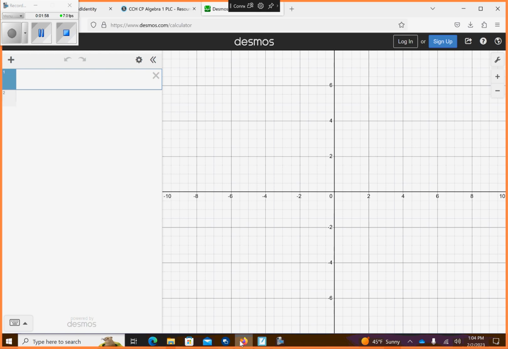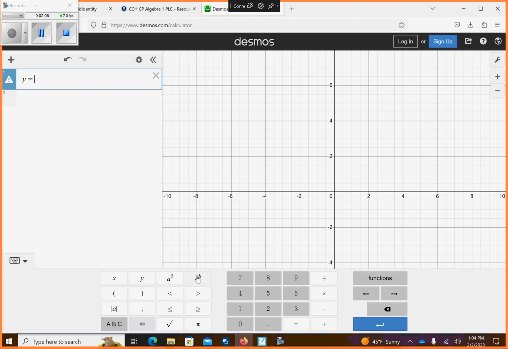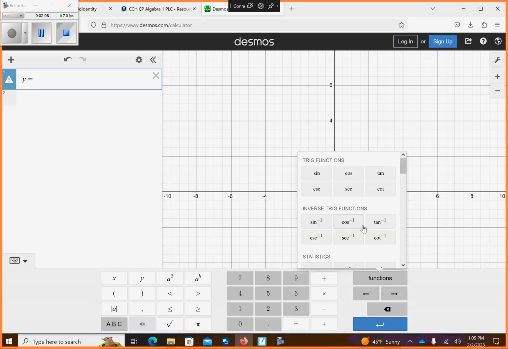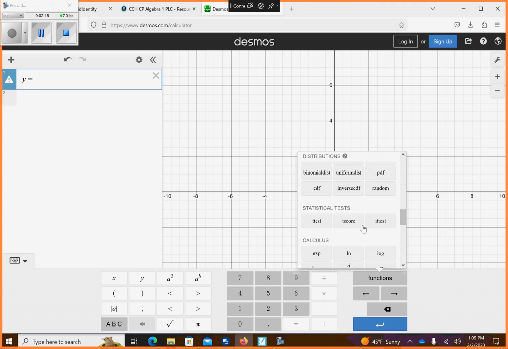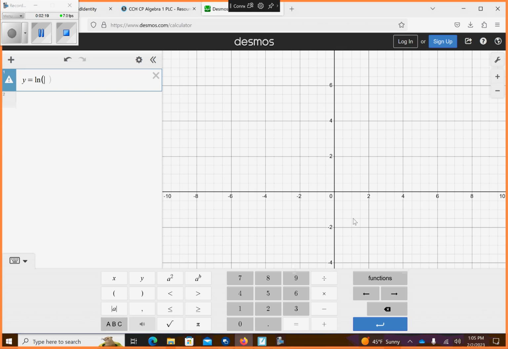But let's take a look at problem number 12. I want to see where these intersect each other, so I'm going to go y is equal to. Now, if you want, under functions on here, you can try and figure out where natural log is, and it looks like it's under calculus as ln. Or you could just type in ln on the calculator and it's going to work.